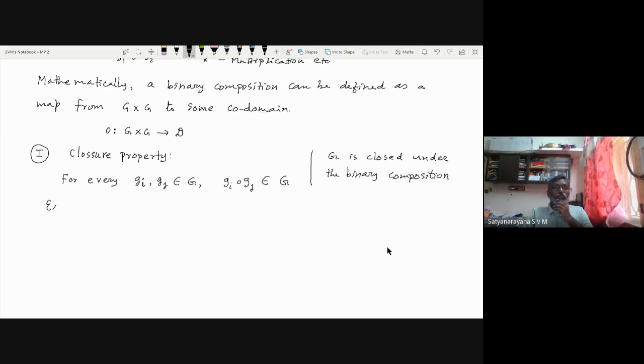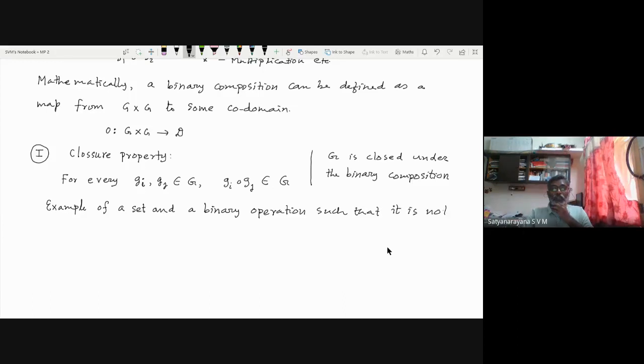So first, let me give you an example of a set and a binary operation such that it is not closed.